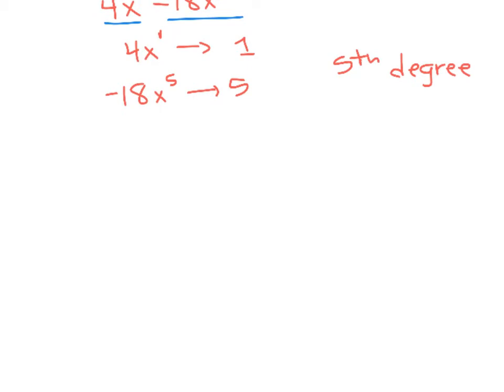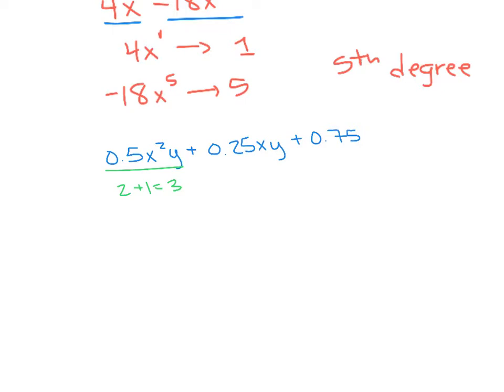So the next one we got 0.5x squared y plus 0.25xy plus 0.75. So we're going to look at this term first. x has an exponent of 2, y has an exponent of 1, so we add those and we get 3.